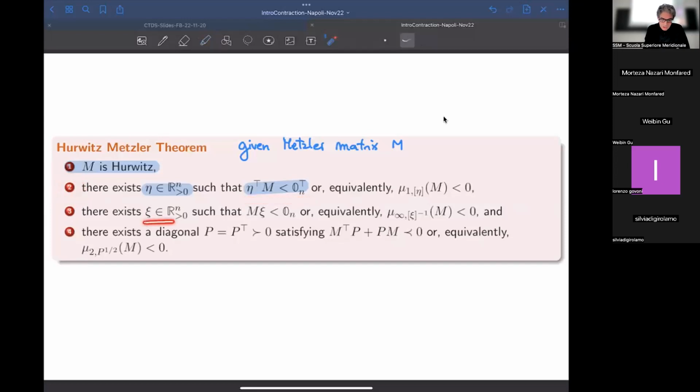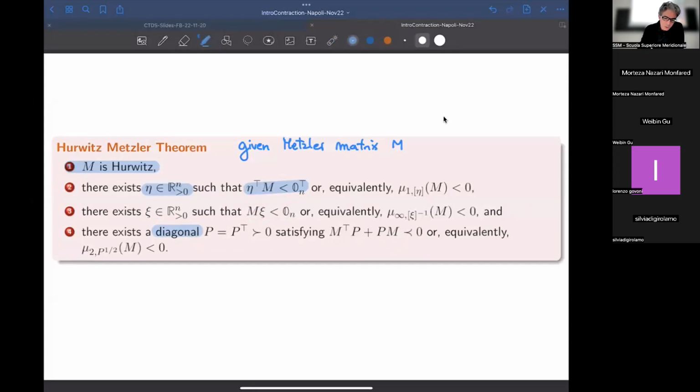Or there exists a collection of weights such that all row sums are negative. Or there exists a Lyapunov matrix P, positive definite, satisfying the Lyapunov stability LMI, but with the additional critical feature that P is diagonal.